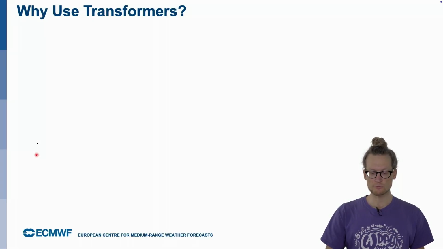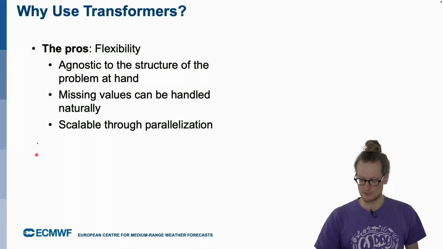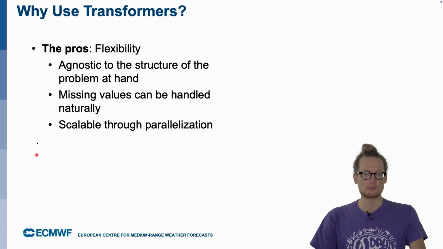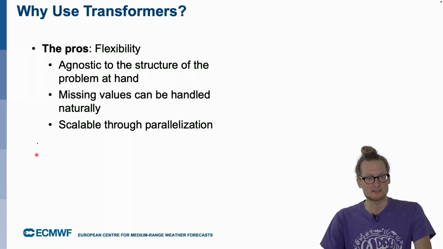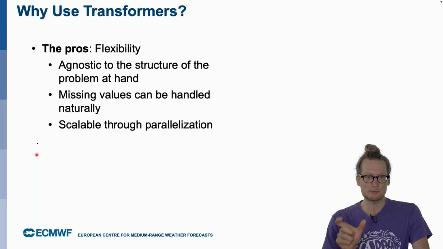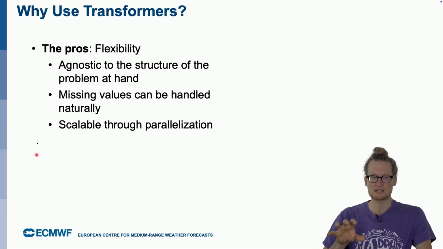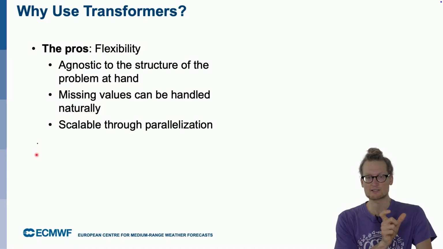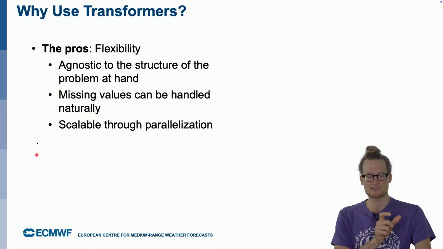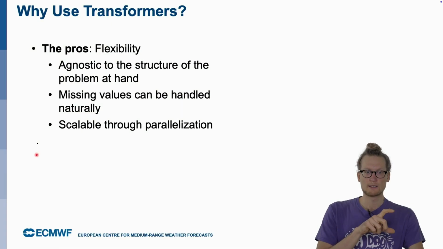Now, why should we use transformers? The biggest pro of transformers is their flexibility, and that's pretty impressive actually. The transformer is somewhat agnostic to the structure of the problem at hand. As you've seen, you can throw one and the exact same architecture at text translation, or at processing sequences of text.